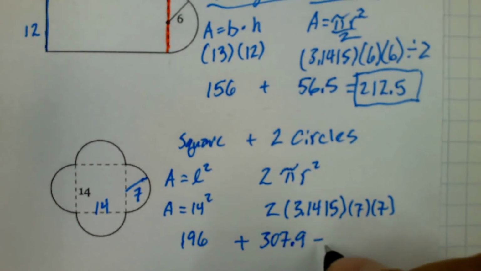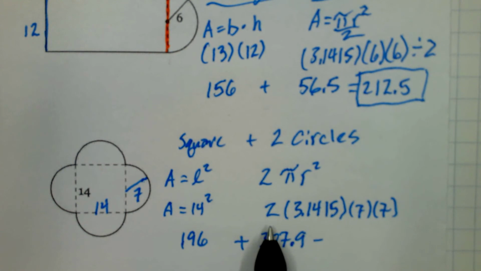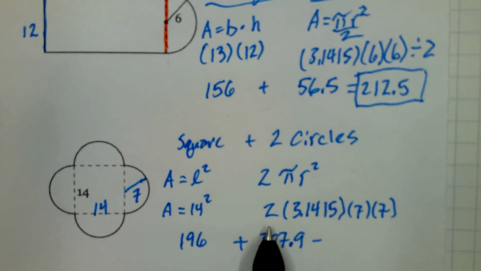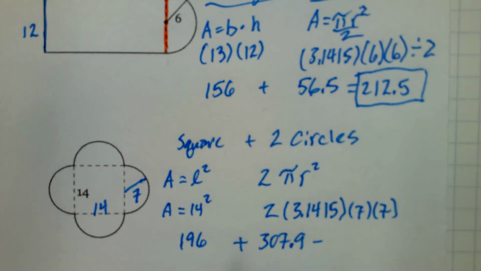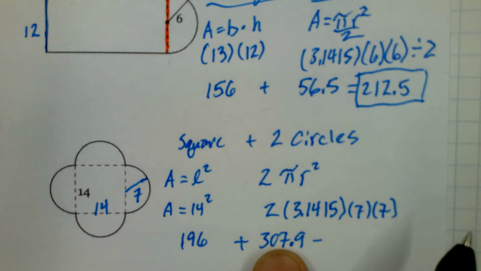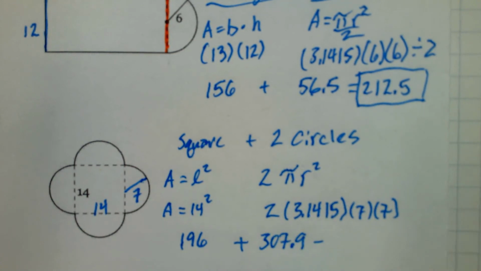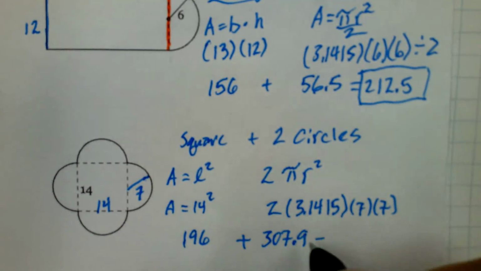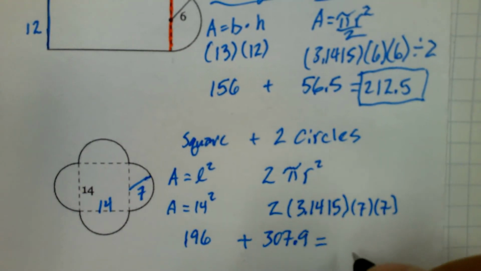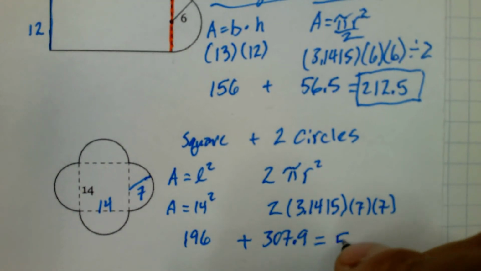This is taking into account that we're going to do two circles. Okay, so added is 503.9.